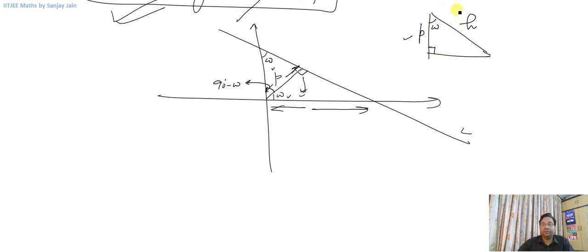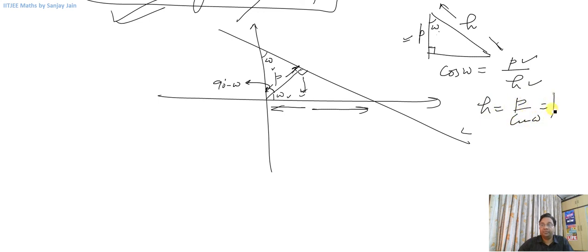Then what will be h in terms of p and omega? See, if I take, let us say, cos of omega, it will be equal to p upon h, adjacent side upon h. So h will be equal to p by cos omega, hence it will be equal to p secant omega.